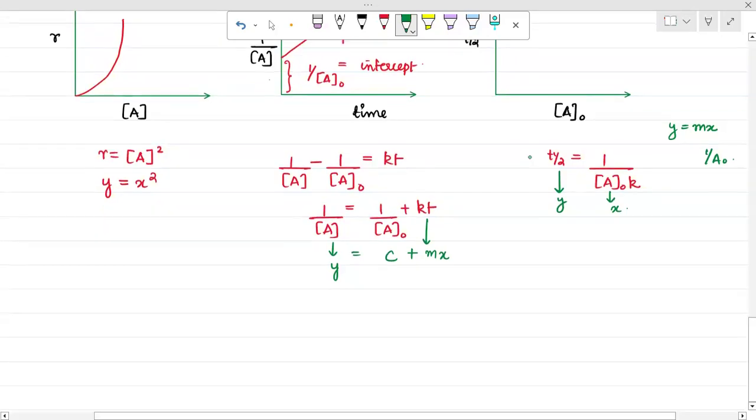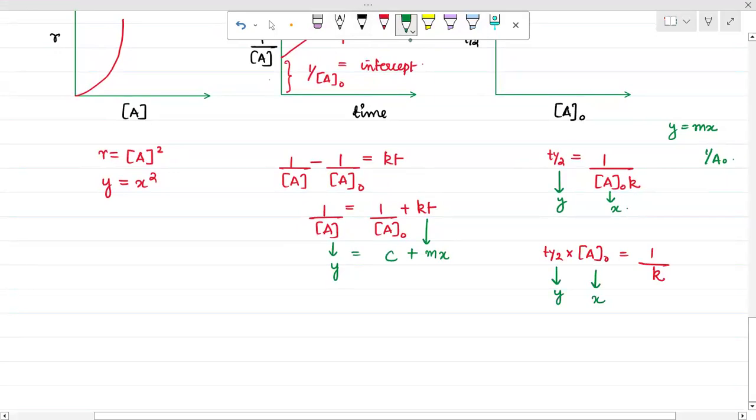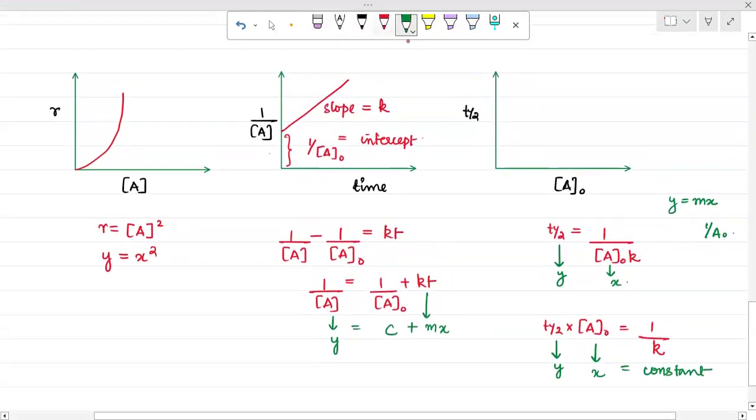So how will you rearrange this? You will rearrange this as T half into A naught is equal to a constant. This is of the form x into y is a constant. And this expression corresponds to a hyperbola like this.